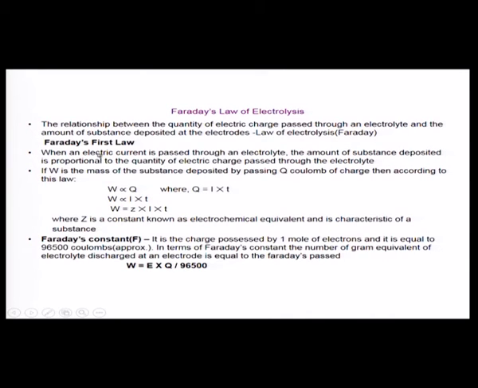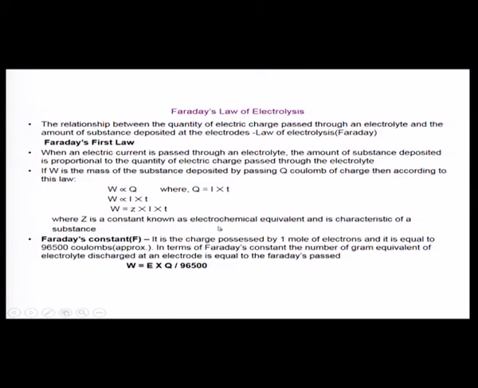As per Faraday's law, the weight deposited is proportional to the coulombs passed. Here q is nothing but current I times time, that is, amperes of current for what period of time. If we multiply, we get the number of coulombs passed through the solution. So, W is directly proportional to the current I passed as well as the time, and the proportionality can be removed by introducing a constant Z, and the equation will take this form.